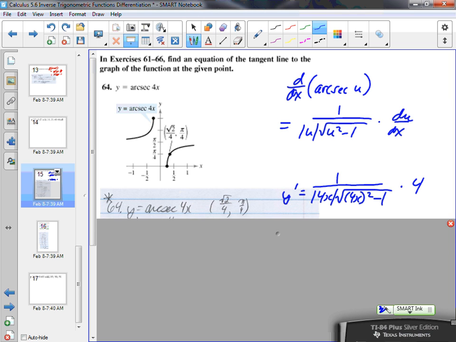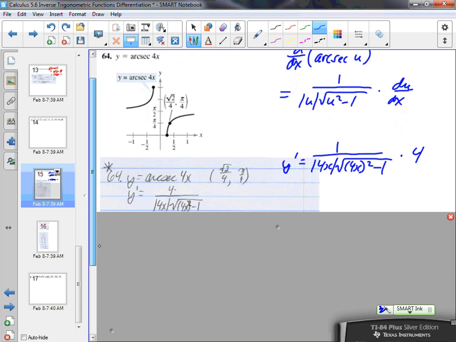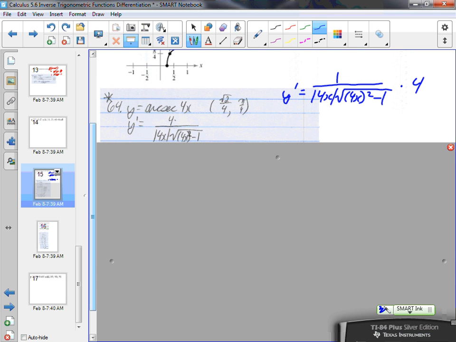Okay? So y prime equals 4 over the absolute value of 4x times the square root of 4x in parentheses squared minus 1. You with me on using the formula?